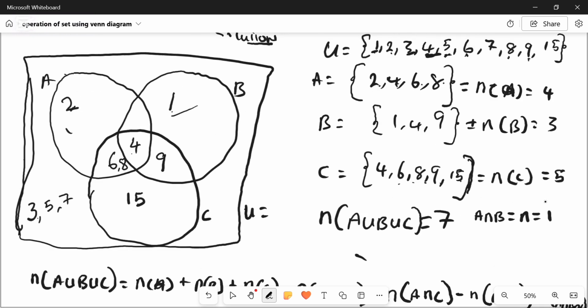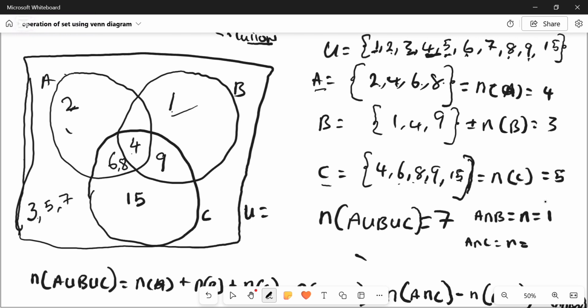So number of elements when A intersects C now. So A intersects C, our number of elements is going to be, so go back to this, look at the subset A, look at the subset C, where A and C intersect. You see we are having 6, and we are having 8, and we are having 4.